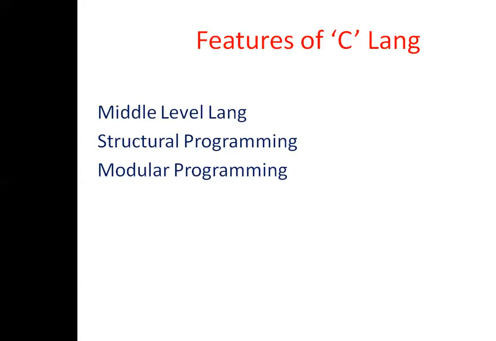Modular programming in the sense, see, suppose whenever you have to do a big task, a large problem, instead of doing that large problem as a whole, it would be better to divide it into some small problems. And solving the small problems is easy. So after solving all the small problems, indirectly the entire large problem will be solved at a time.